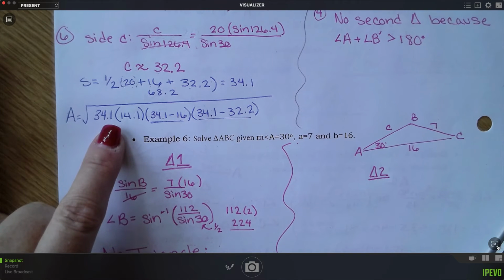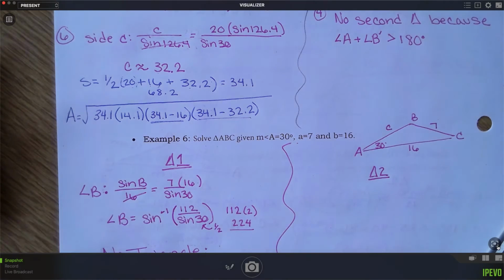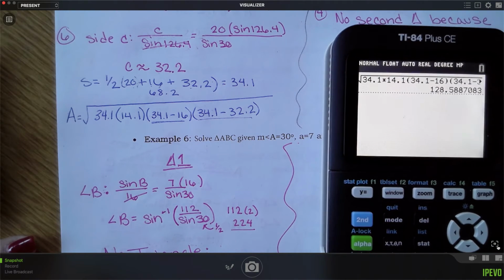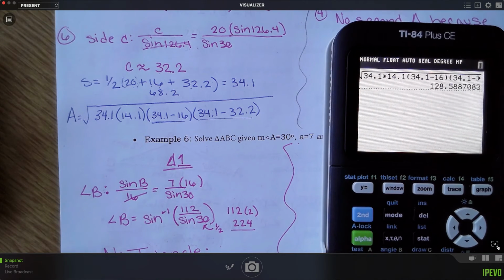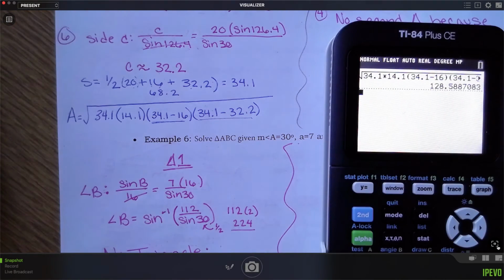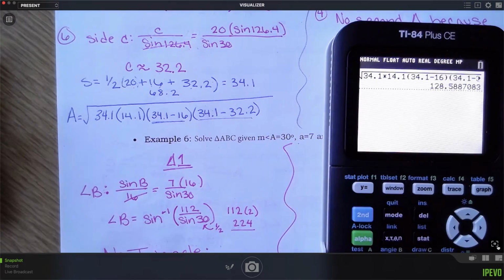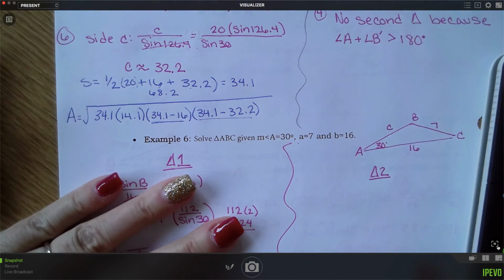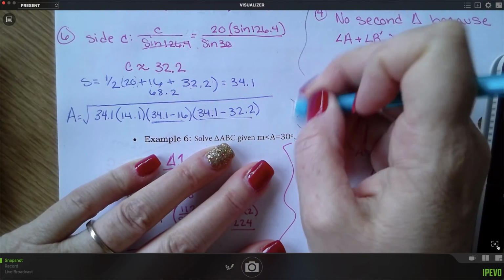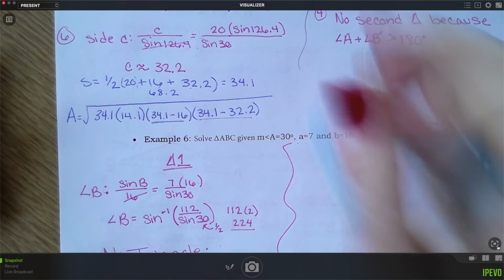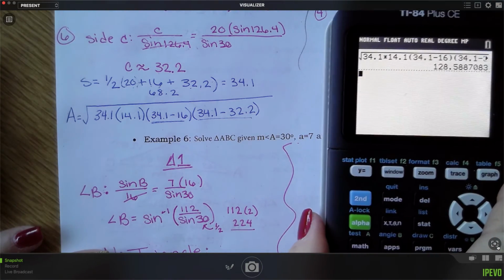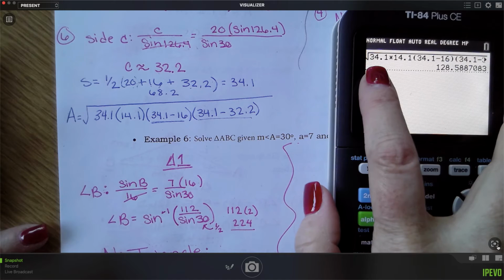But the first one, I just put a times because I didn't need to. Okay, I got approximately 128.6. Anybody second that motion? Approximately 128.6.